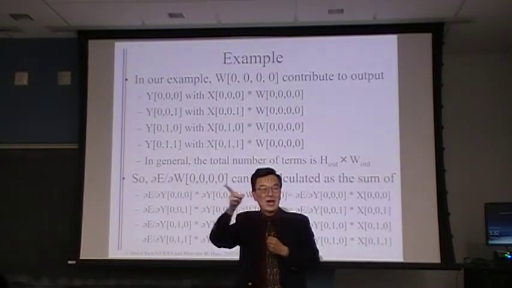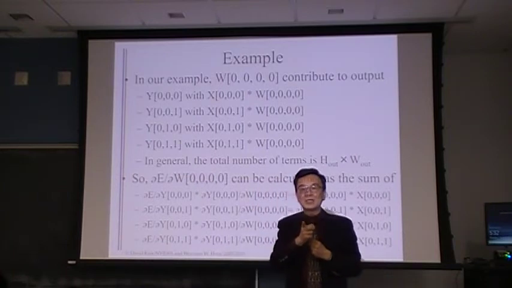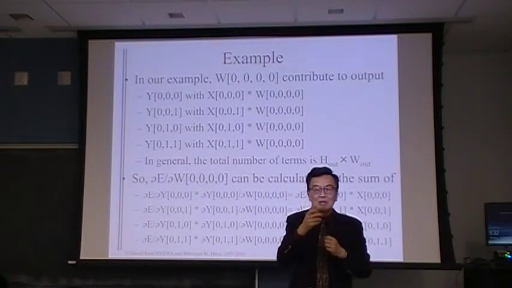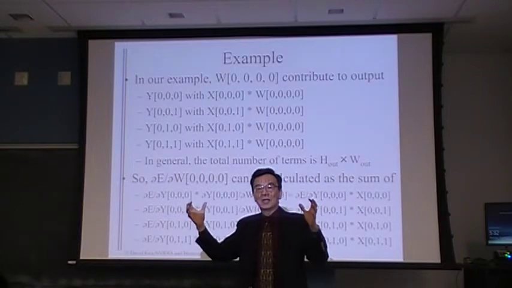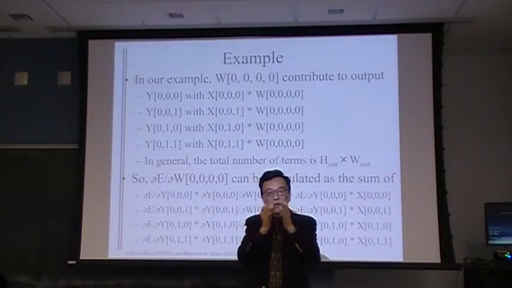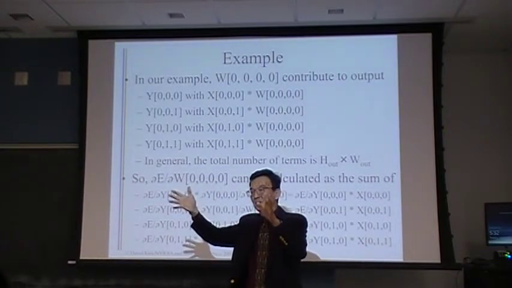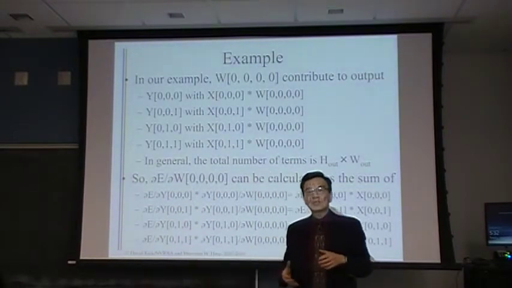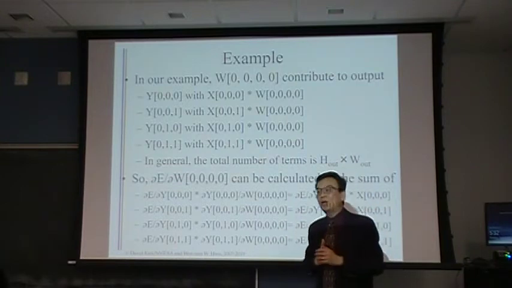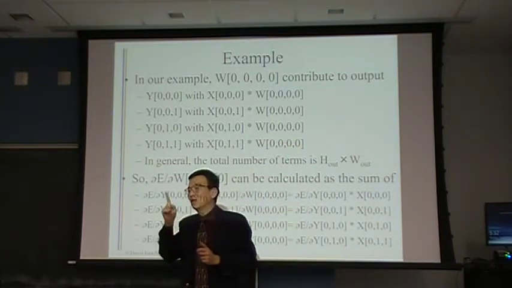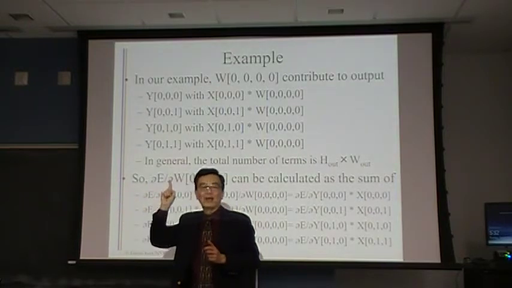What are all the paths? And for each path, how is that W value magnified, right? And if I add all of them together, then I get the total influence of W on the error. Does that make sense? So this is really tracking all the ways a particular W element is going to influence the error value.